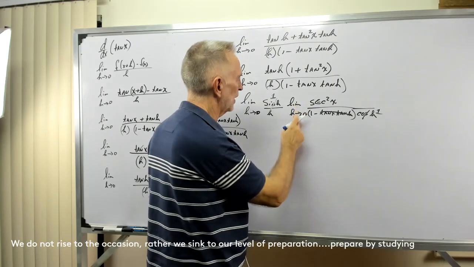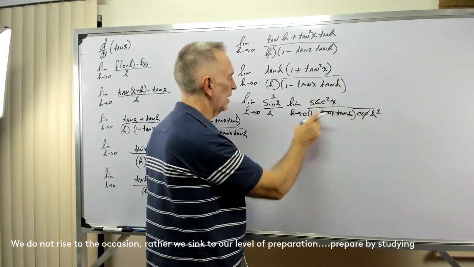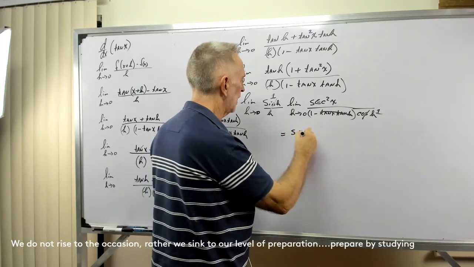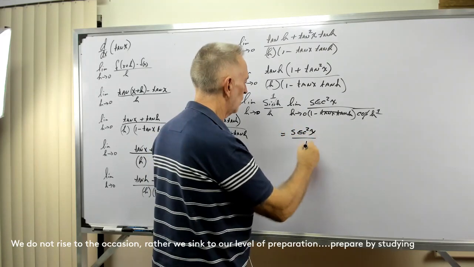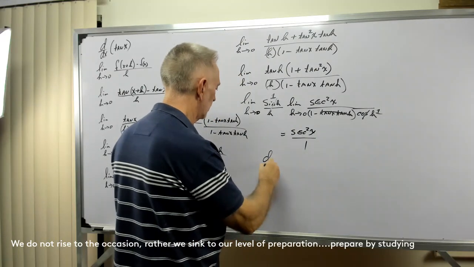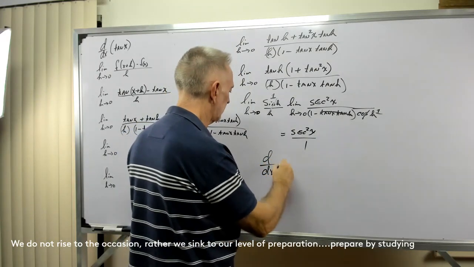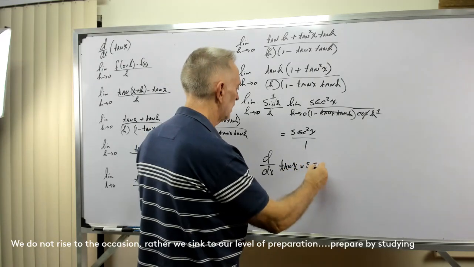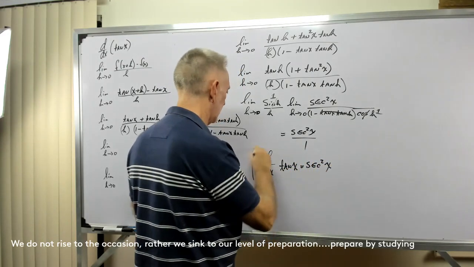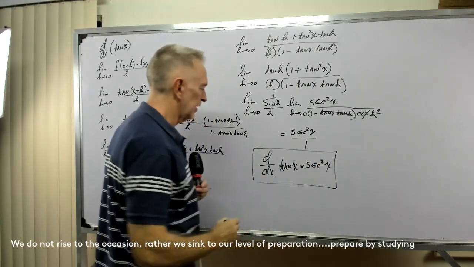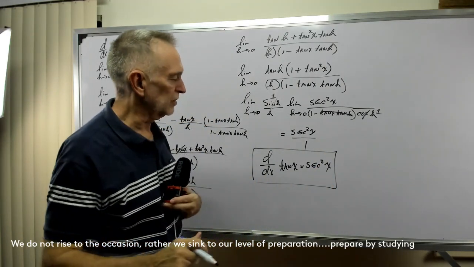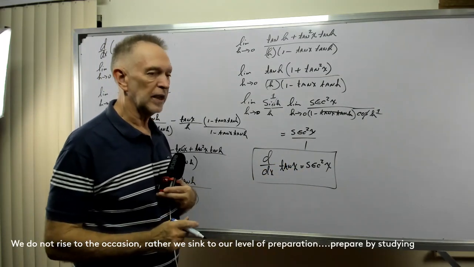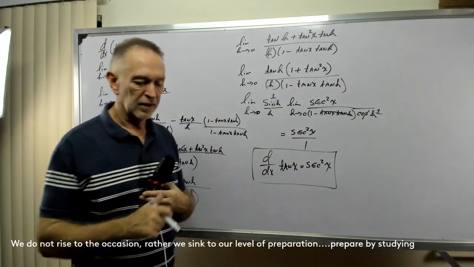So the limit as h approaches 0 is secant squared x over 1, which is secant squared x. So now the derivative with respect to x of tangent x equals secant squared x. And that, my friend, is the derivative of tangent x, and how you find that it does equal secant squared x.